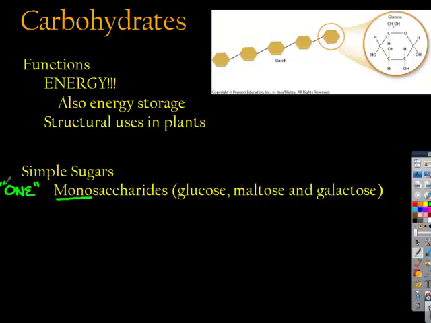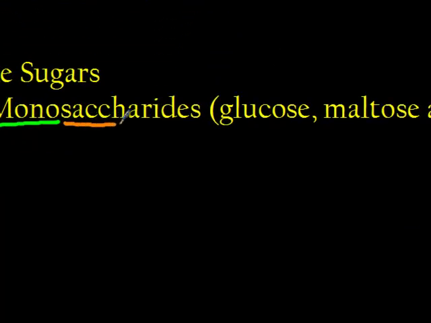Now, saccharide is a little bit trickier for some people. Don't let it fool you. It actually isn't that hidden in here. Saccharide refers to sugar, really. So our monosaccharides are our single sugars, our one sugar.